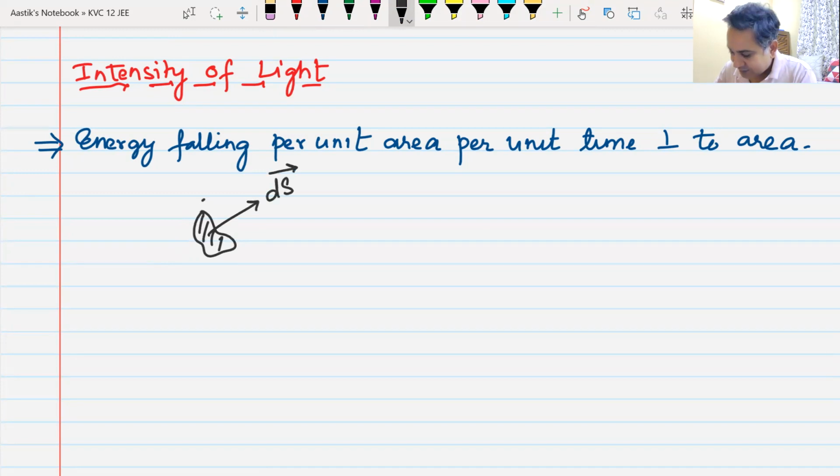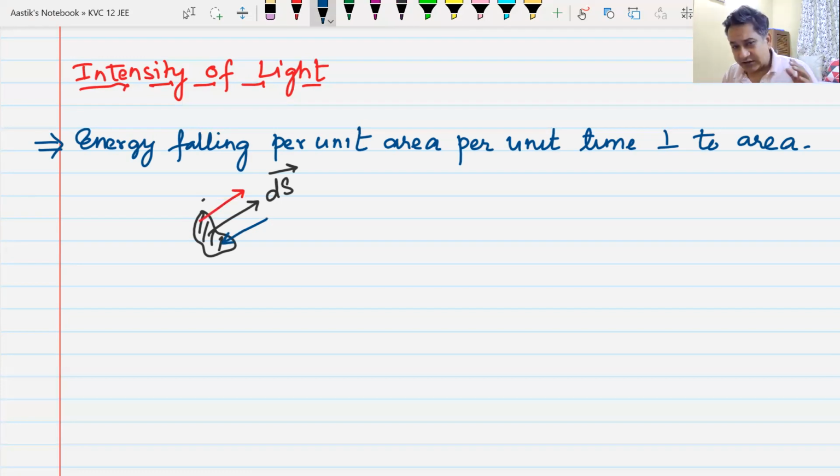Everyone understand this is the area vector? Area is treated as a vector quantity. The direction of the area vector is perpendicular to the area. Now, if this is a small area, how much energy per unit area is falling in this direction, or in that direction? If it is falling in this direction, it is probably getting absorbed.